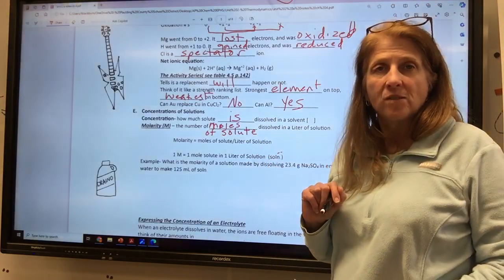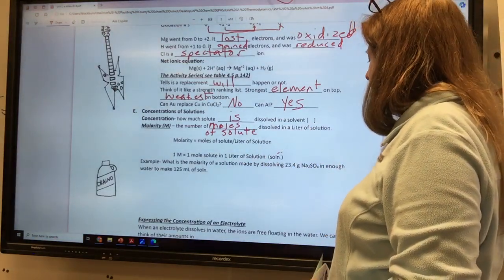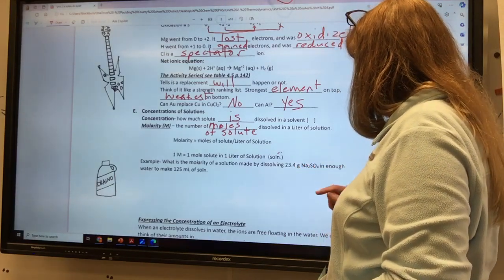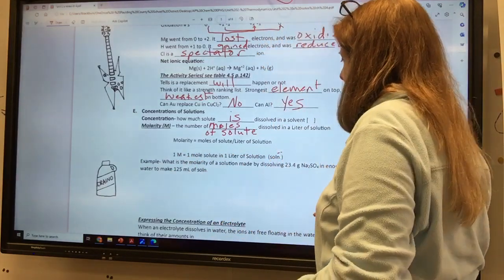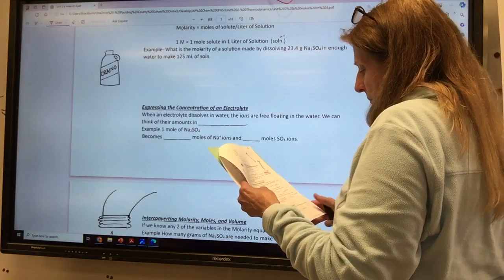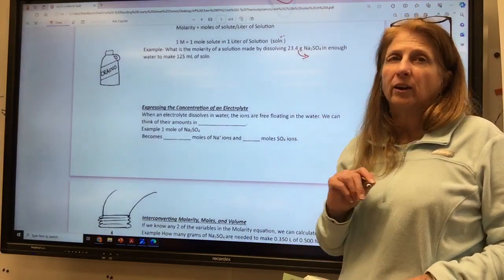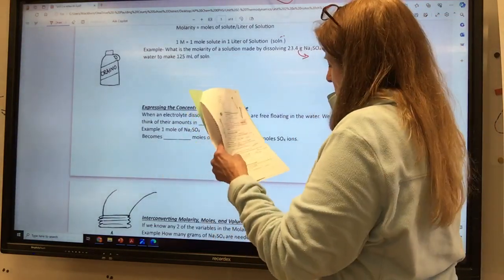Okay, good so far? Okay, so for example, what is the molarity of a solution made by dissolving 23.4 grams of sodium sulfate in enough water to make 125 milliliters of solution? Okay, so how do we do this problem? If we have grams, what always needs to go with graham crackers? M&M's. So we know we're going to need the molar mass.